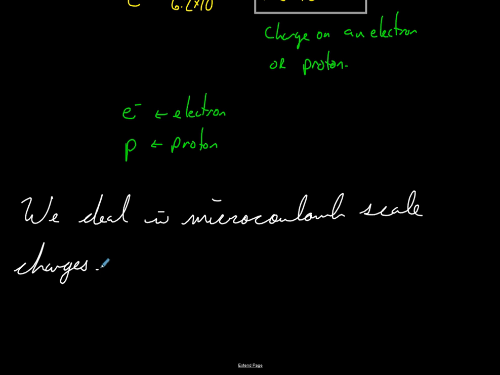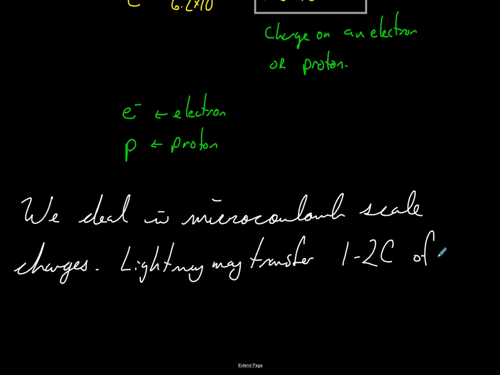So you can imagine a lightning strike is quite an impressive display. If you get a static shock, you might be passing around a microcoulomb of charge, so a millionth of a coulomb.